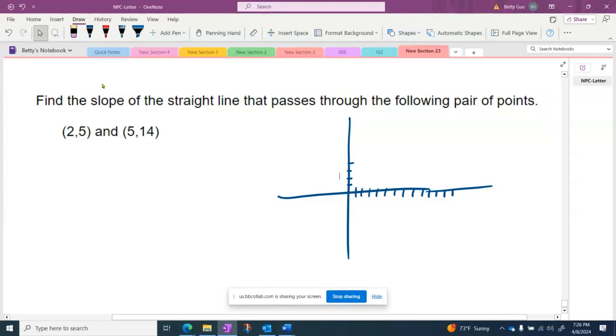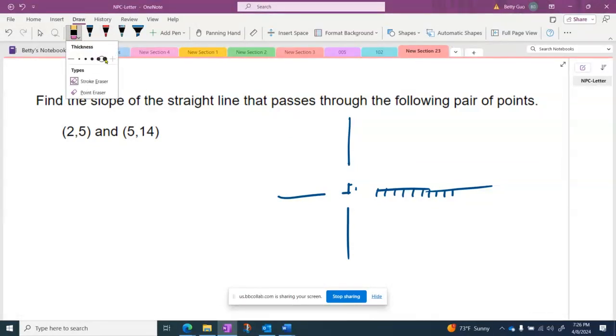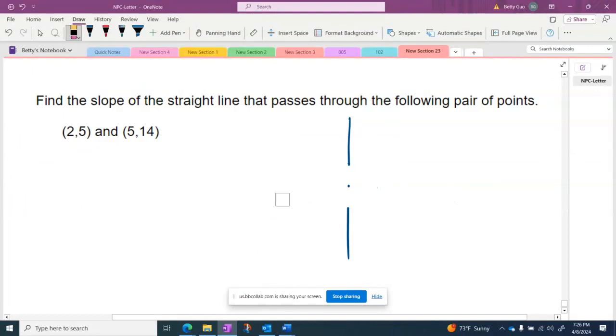I don't want to use this method. Too much drawing. I'm going to use the algebraic method.